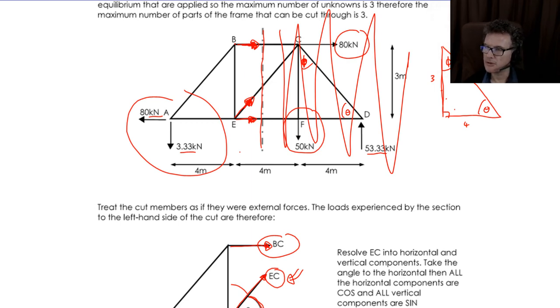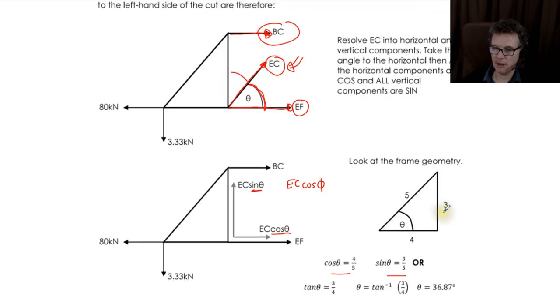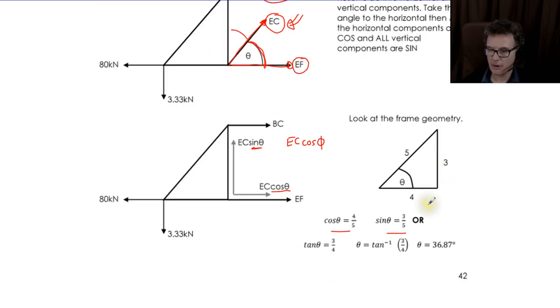So cos phi is 3/5. Now look at the trig down here. We've got sine theta is 3/5. So both of them, whichever one you use, is going to give you 3/5. It's not going to make any difference. Okay.